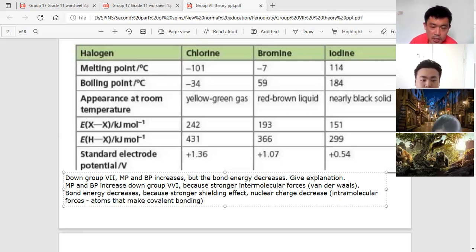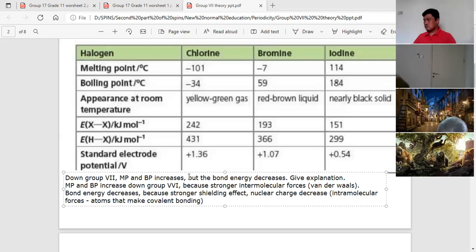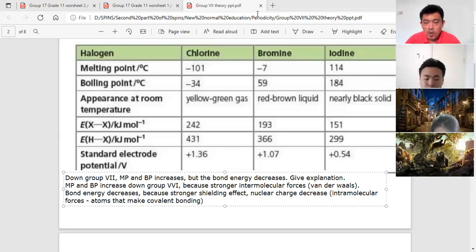Melting point and boiling point discuss intermolecular forces, molecules, but bond energy is from the point of view of atoms. Please do not forget from which point of view you should discuss the melting point, boiling point, and also enthalpy or bond energy.